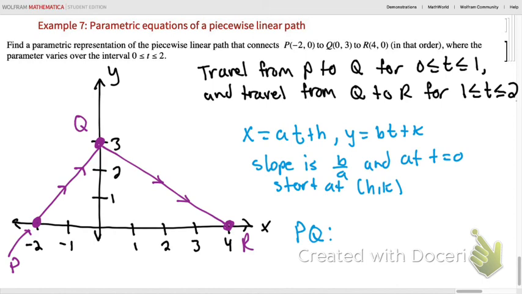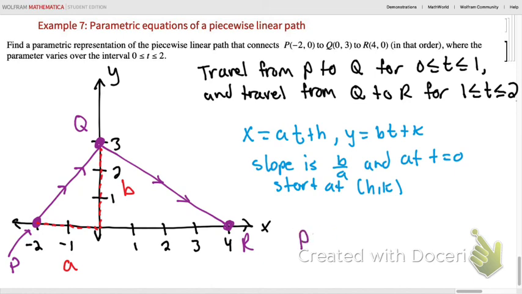Looking at the picture, I'm going to use red. To go from one point to the other, there's a horizontal distance and there's a vertical distance. The horizontal distance is going to be a, and the vertical distance is going to be b, because the slope of the line from P to Q would be rise over run, or b over a.